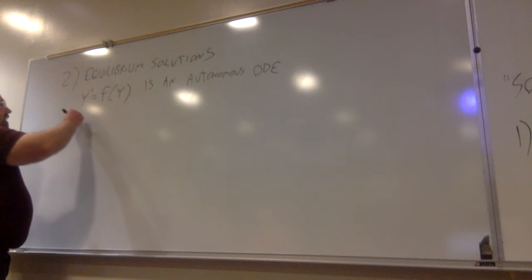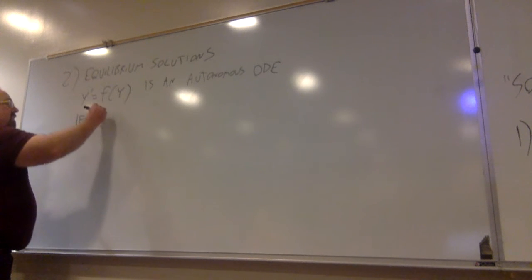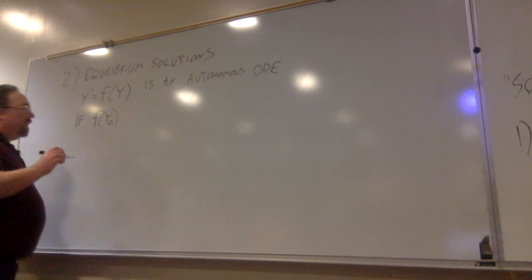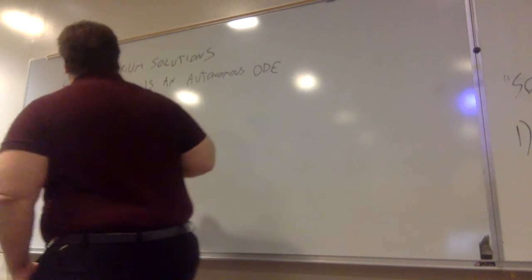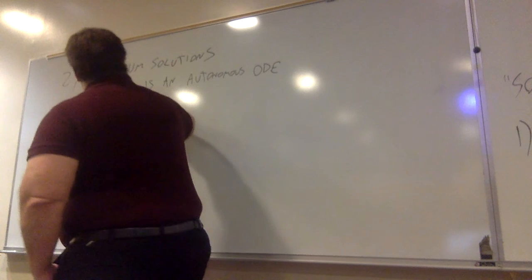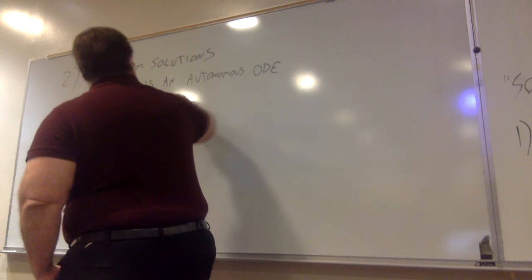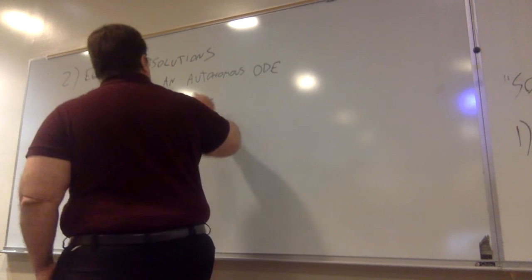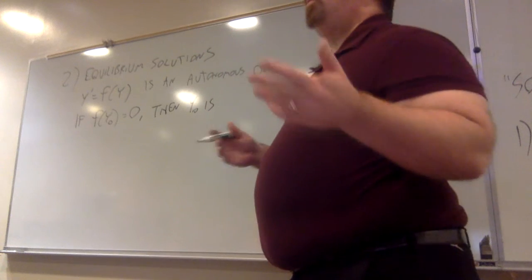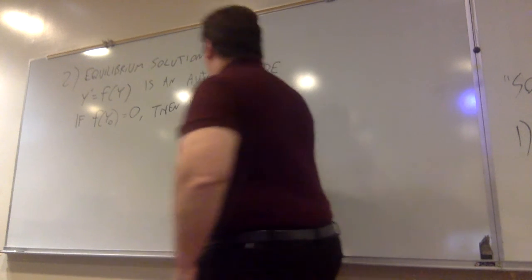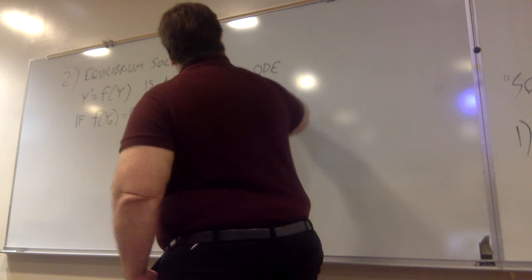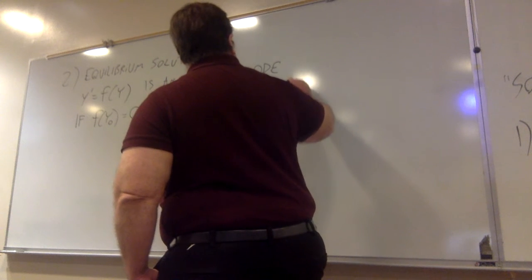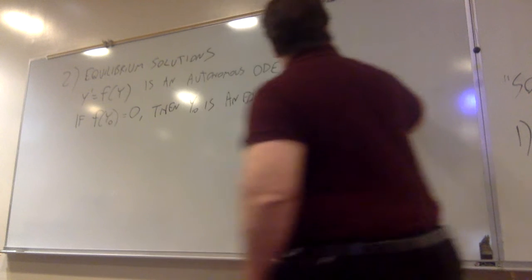These are much easier to analyze when it comes to computing equilibrium solutions. So if f of y naught for some y naught is equal to 0, then y naught, there are actually several different terms that are given to this case. So it is referred to as an equilibrium solution.